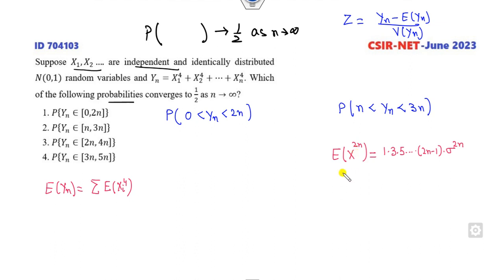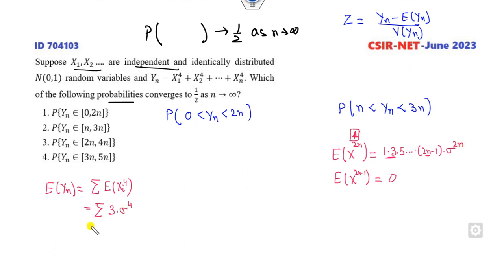This is for the even case, and for the odd case it is always 0. Now look at that. If you take X^4, it means I have to take 2n as 4. So if it is 4, 4 minus 1 is 3, that is 1 into 3. So the answer of this will be 3 times sigma^4.